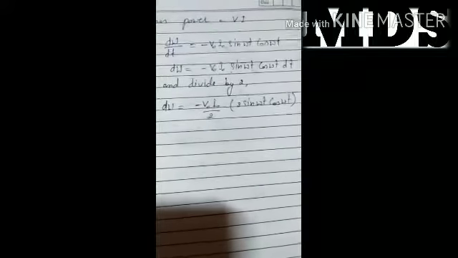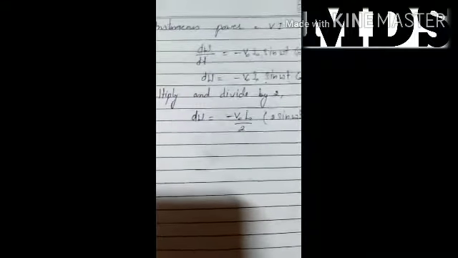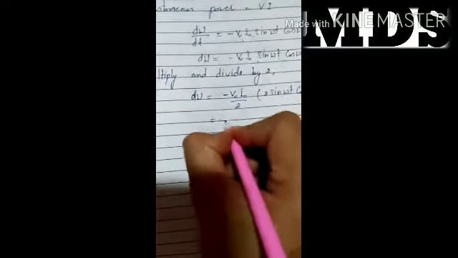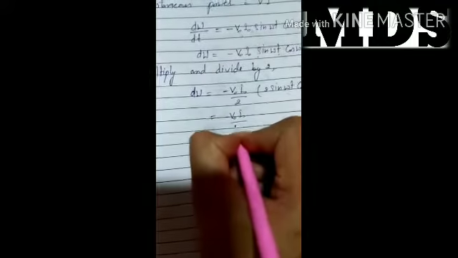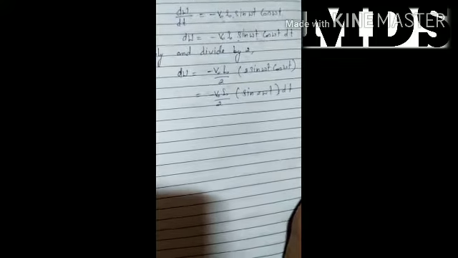Now there is a relation: 2 sin a cos a is sin 2a. So we can write it as minus V naught I naught by 2 sin 2 omega t dt. Clear? Now take integration for finding the total.